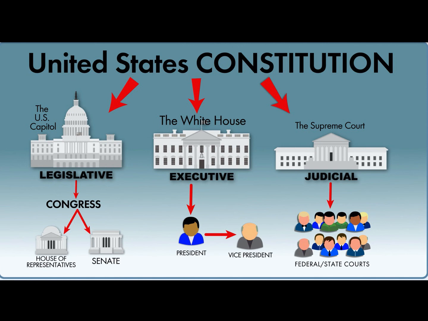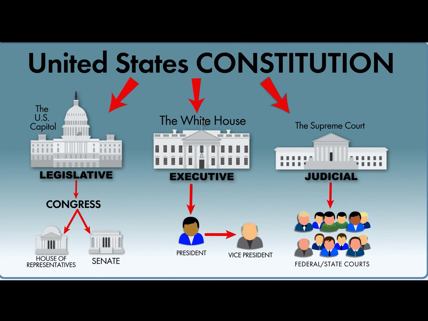And it probably will be slow and messy, and it will take a while to get things done, but that's exactly what they wanted. Because an absolute monarch gets things done in a hurry. He can just say, build that road, build that wall, attack these people, throw them in the dungeon.